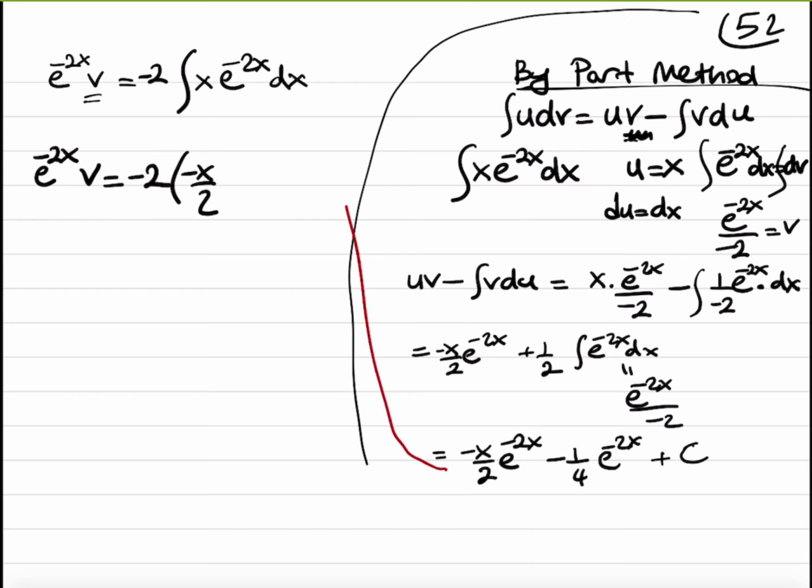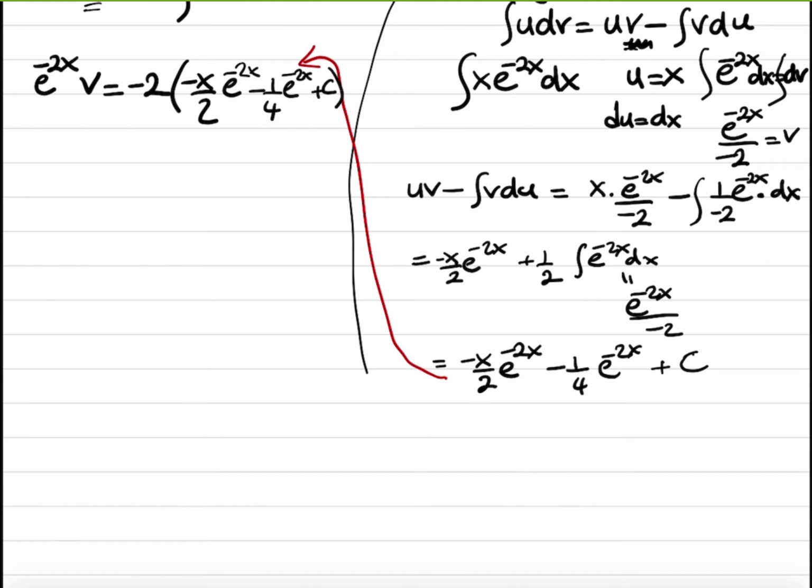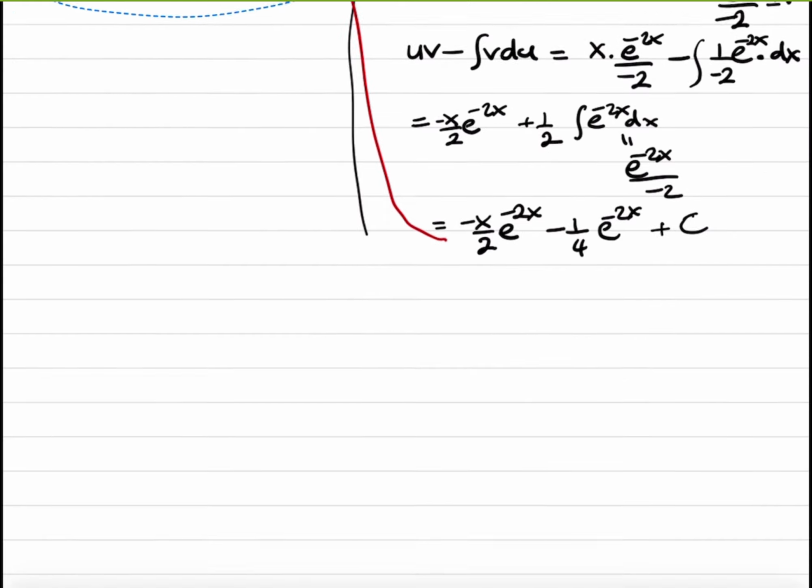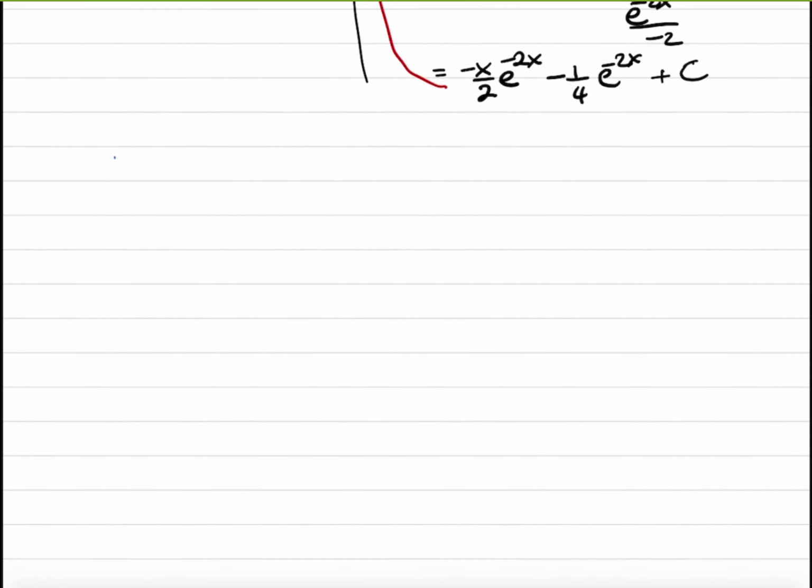We will put this one in here: minus x over 2 e to the power minus 2x minus 1 over 4 e to the power minus 2x plus c. Oh, it is a nice one. Okay, I want to write it down because it will look ugly here.